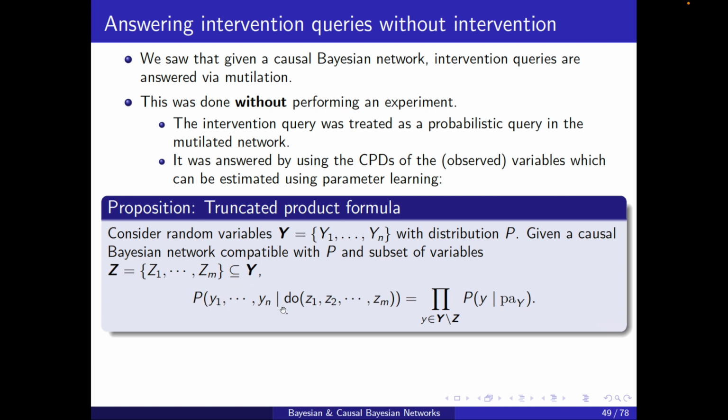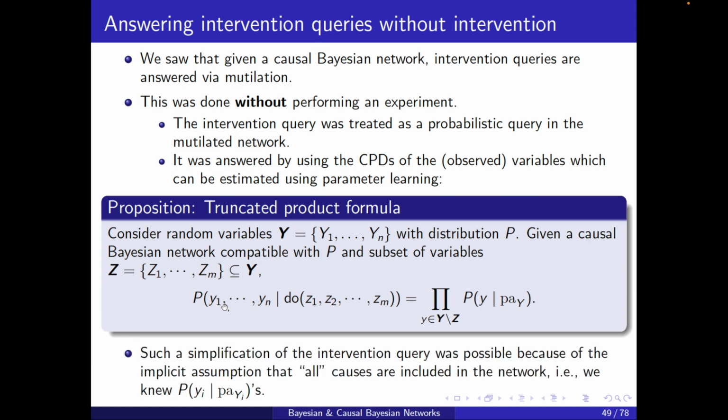P of y conditioned on z being intervened is equal to the multiplication of the CPDs of each variable conditioned on its parents, over all variables except for the intervened ones, because the intervened ones are basically set to 1. This is a perfect intervention. So I don't have any difficulties if I have all the variables observed.